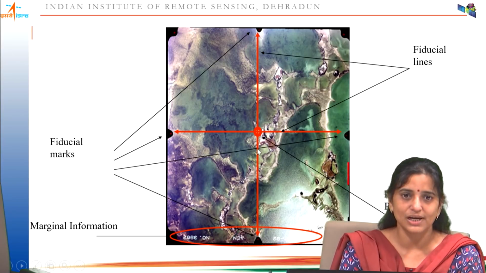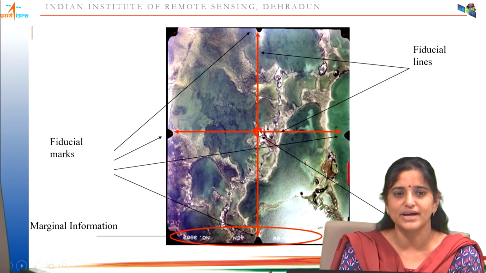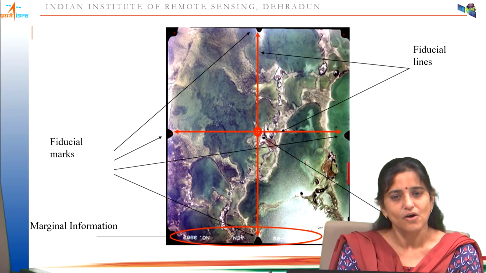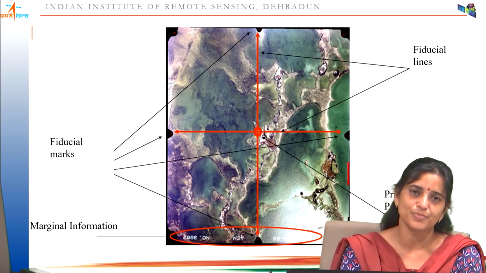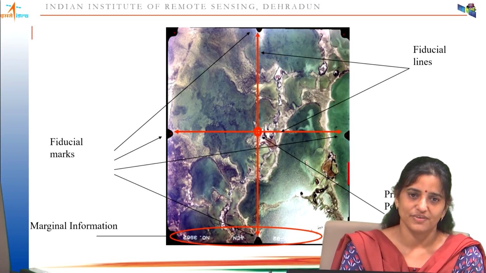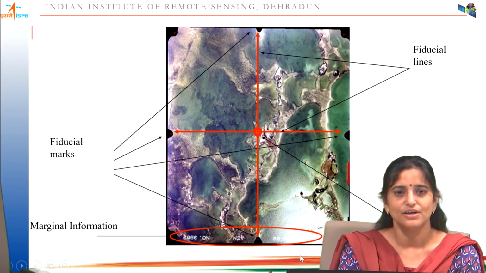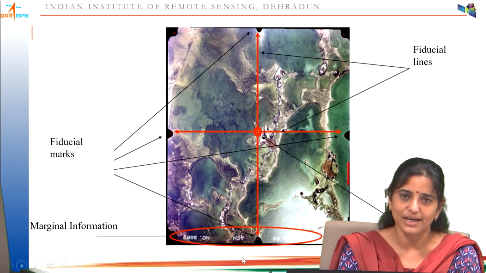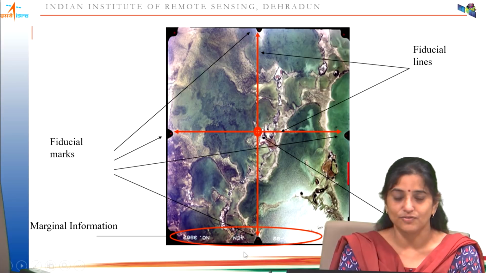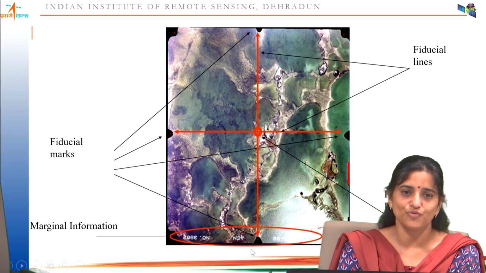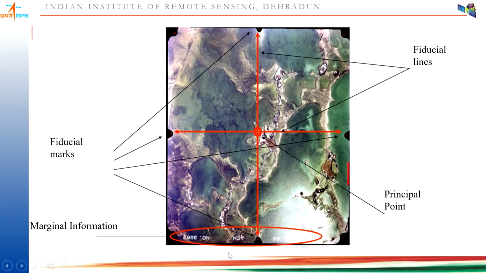Wherever two fiducial lines intersect, this is called the fiducial center, or we can also say it is the principal point of the photograph. At one side of the photograph, some marginal information is also provided, which tells us at what date, at what time, and what the tilt angle was at the time of photography. All these details are given in the marginal information.